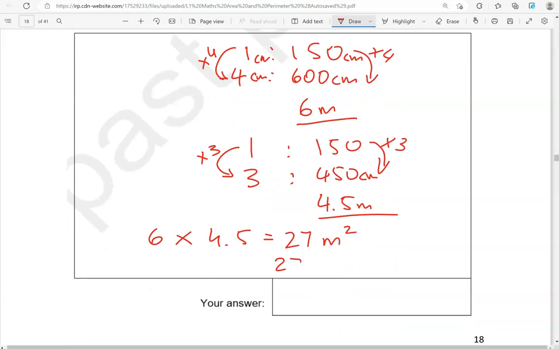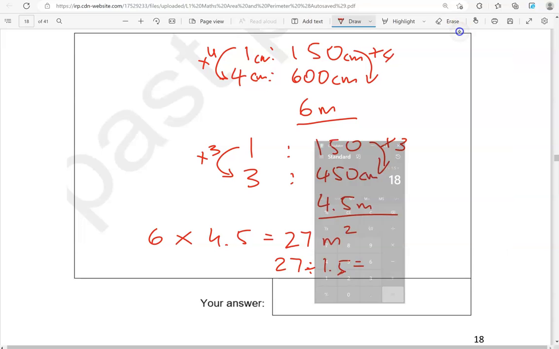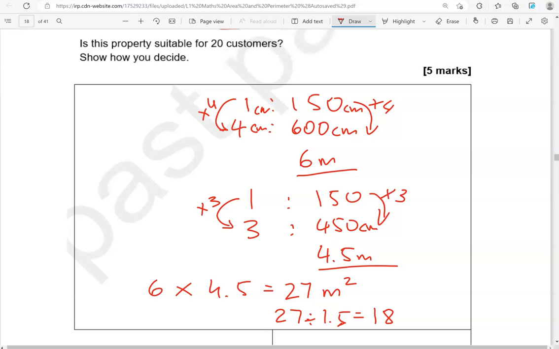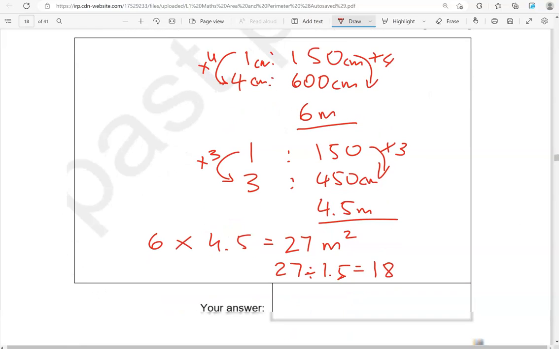So we're going to do 27 divided by 1.5, which is 18. So this is suitable for 18 customers. Is it suitable for 20 customers? We're going to say no. Only 18 customers.